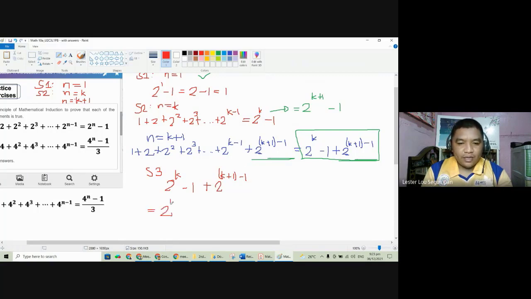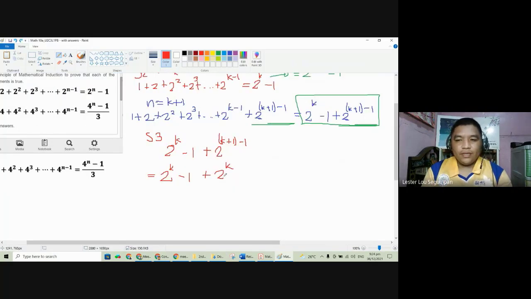This would still become 2 to the k minus 1 plus the expression, or the exponent rather, will become 1 minus 1. That's 2 to the power of k. This way, there are two terms with 2 to the k right now, so we can treat them as one expression and say that there are 2 to the power of k. And then we have another term, minus 1 here.